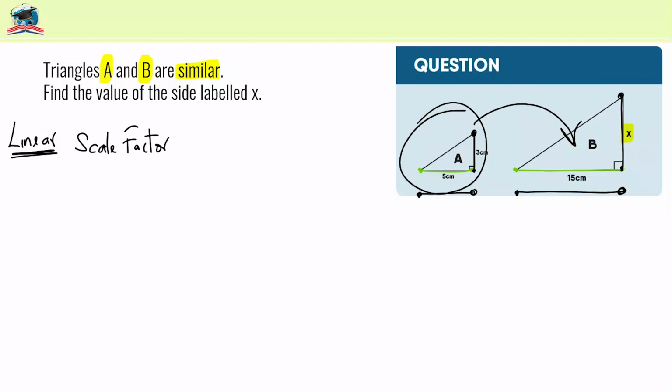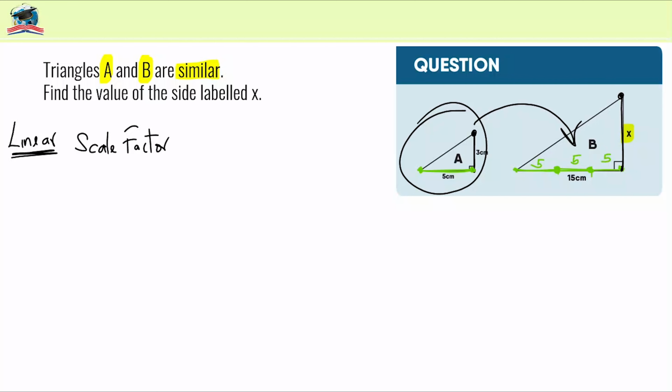Okay, let's tidy up a bit. In shape B, we've got 3 of A in it. If we look at this distance, I'll circle it green, from here to here is 5. That means if we break this into 3 parts, from here to here is 5, and then from here to here is another 5, and then from here to here is another 5.